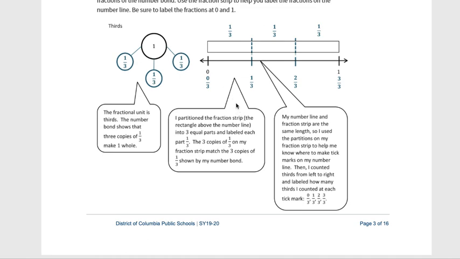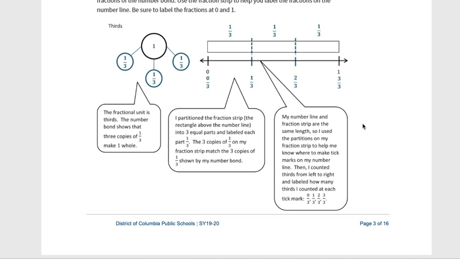Then it says, I partitioned the fraction strip, the rectangle above the number line, into 3 equal parts and labeled each part 1/3. The 3 copies of 1/3 on my fraction strip match the 3 copies of 1/3 shown by my number bond. So once again, 1/3, 2/3, 3/3 equals 1 whole.